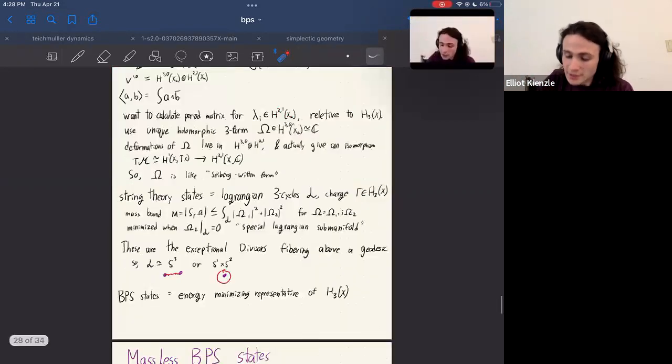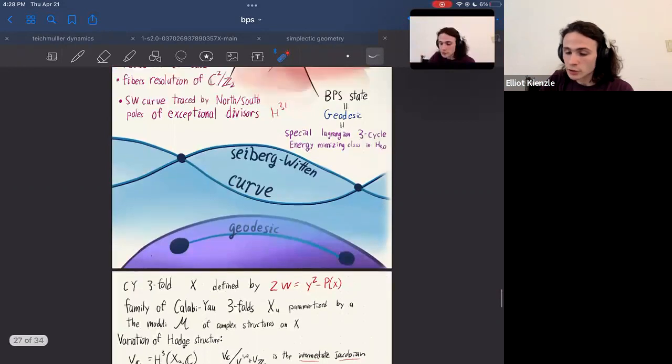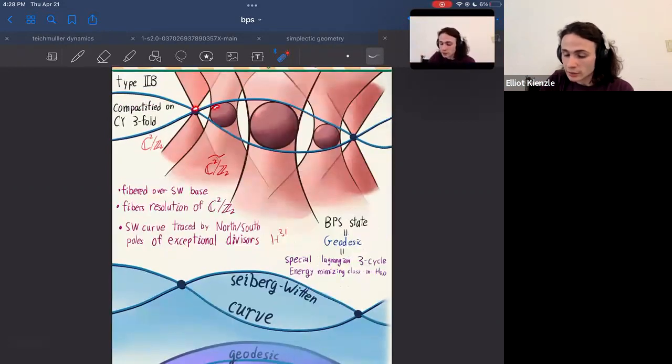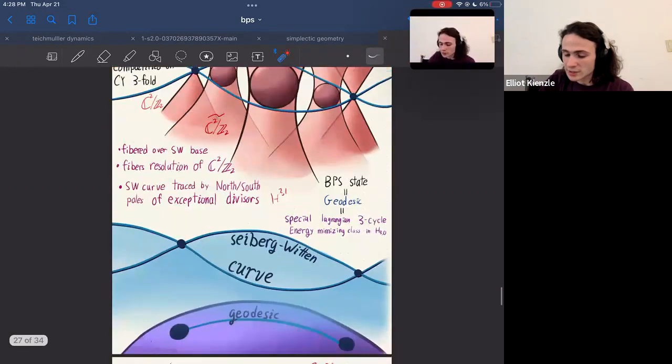And in here, we get the same thing, where the BPS states correspond to essentially these free spheres, a two-sphere sitting above each geodesic, where it collapses to zero at the endpoints, at the branch points.